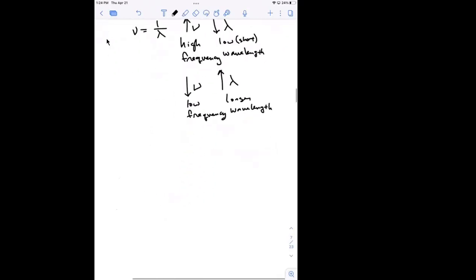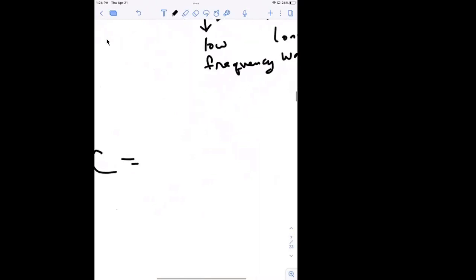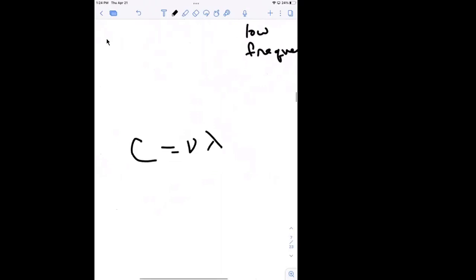So when we say the speed of light is nu times the wavelength, right? We can say that the speed of light divided by the wavelength is nu, if we wanted to solve for nu, which is the frequency.